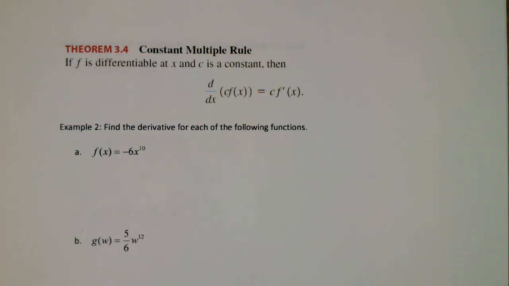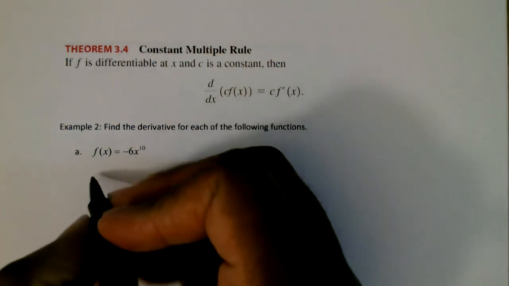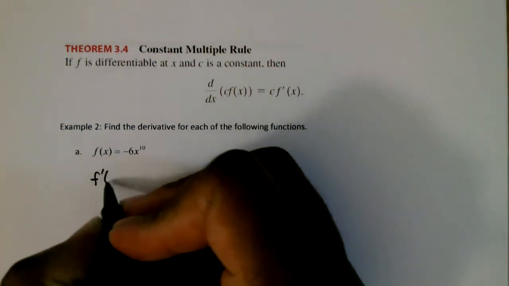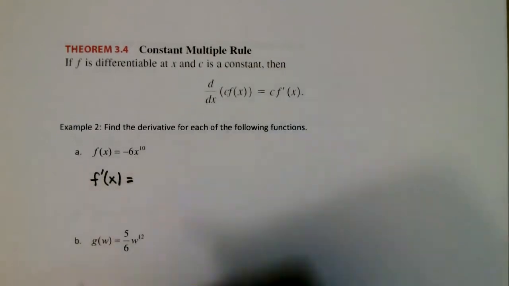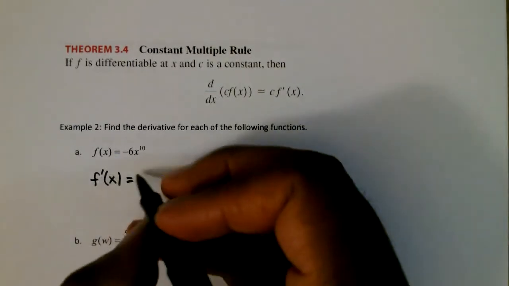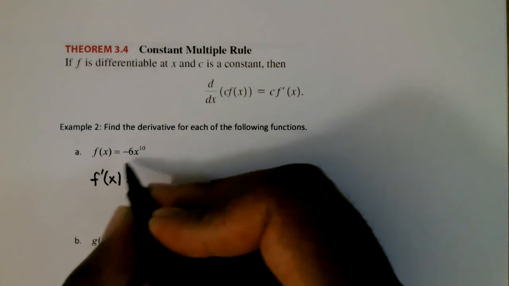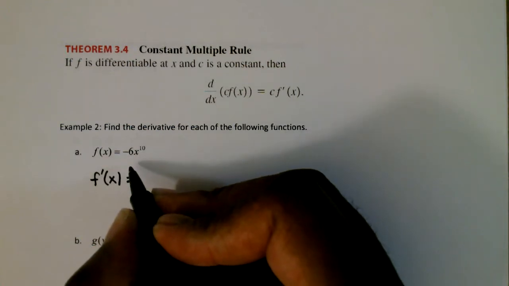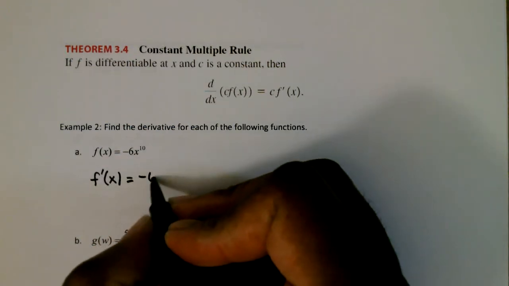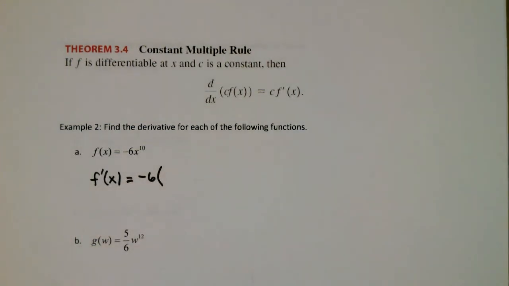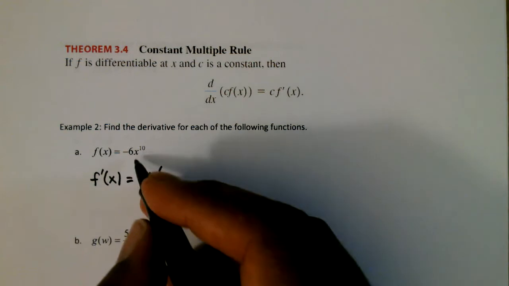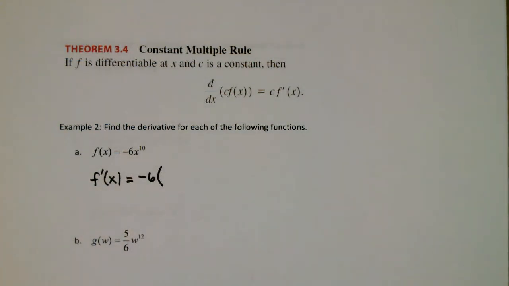And we have a few examples of that, like in part A, f of x is equal to negative 6x to the 10th power. And let's say I want to find the derivative of this. So this will be f prime of x is equal to, now that constant of negative 6, I'm going to pull that out in front, and then take the derivative of x to the 10th.